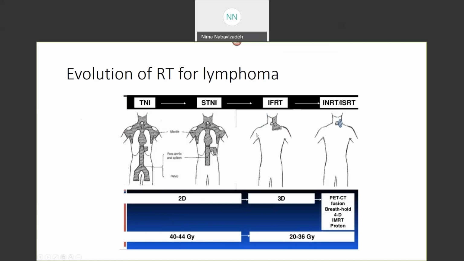And this is the kind of iteration we've gone through. We've gone through this iteration because we've learned much more about lymphoma. We have chemotherapy that's much more effective. And we've also whittled away at our dose because lymphoma is a very radiosensitive disease. There are two types of cell death with radiation, either apoptosis or necrosis.